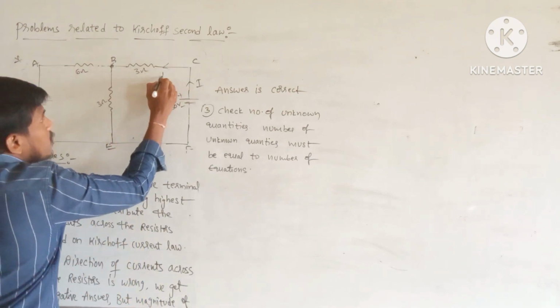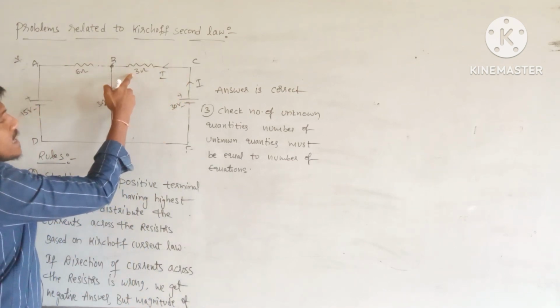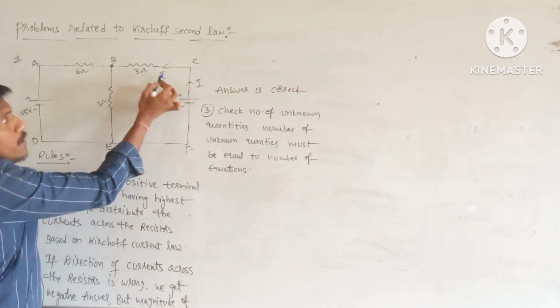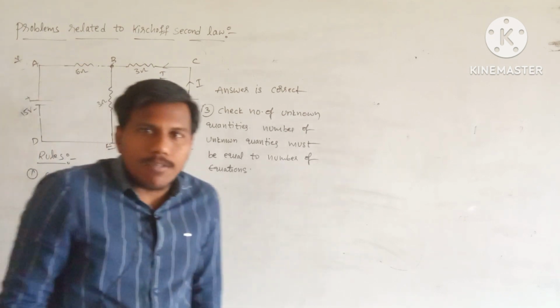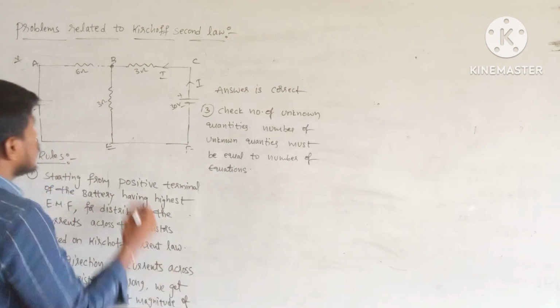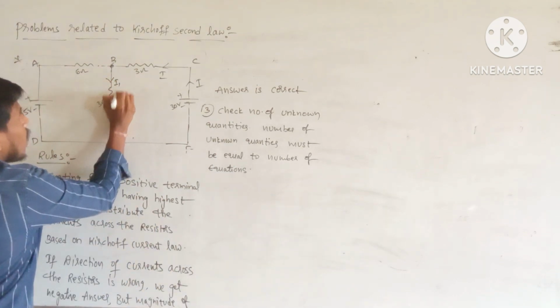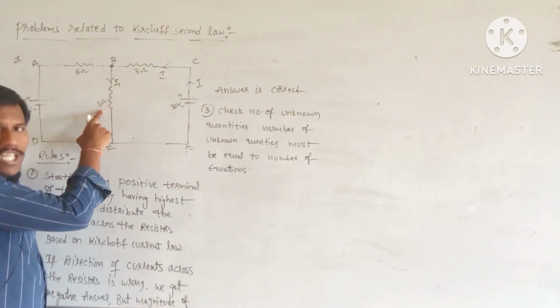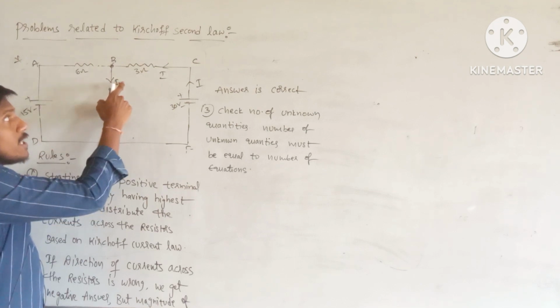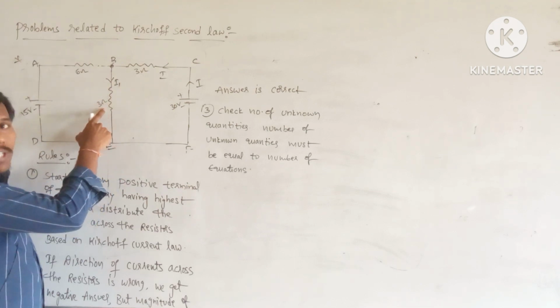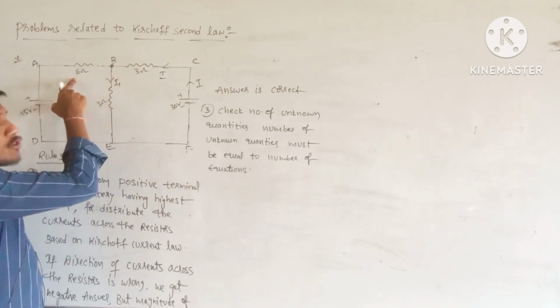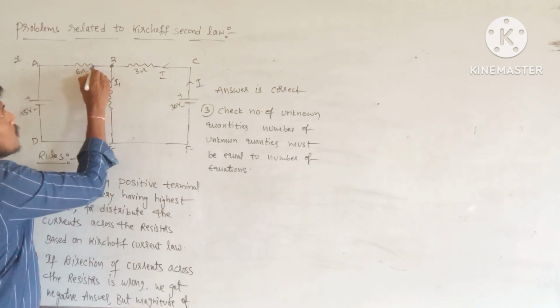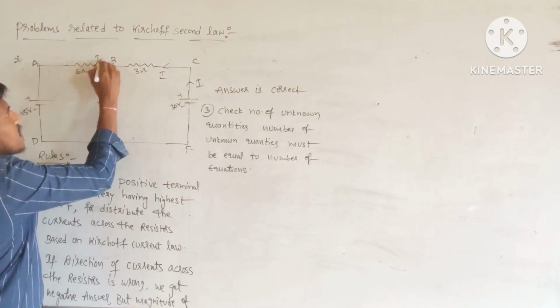Out of I amperes current, let I1 amperes current pass through the 3 ohm resistor. After I1 passes through the 3 ohm resistor, the remaining current passed through the 6 ohm resistor is I minus I1.